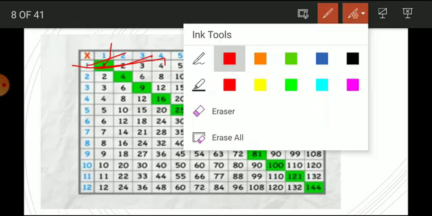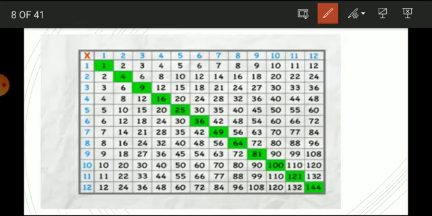Here we multiply any number with itself, which is called a square number. So 1 one is 1, 2 twos are 4, 3 threes are 9. If I take this number and multiply this number, these two numbers intersect at one box, right? So this is called a square of the number.